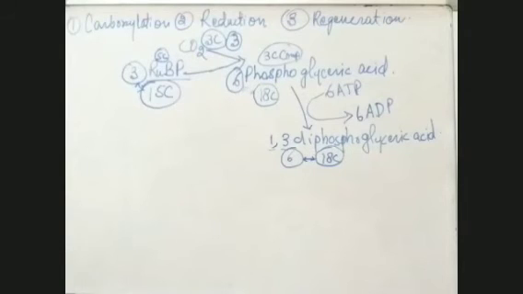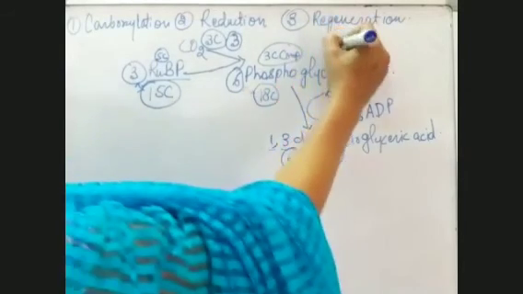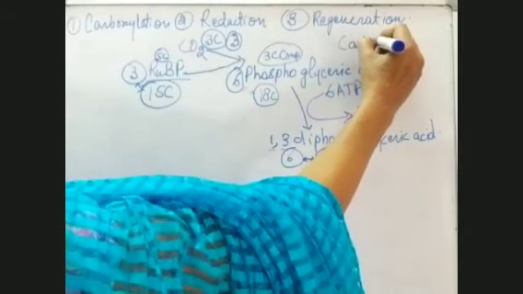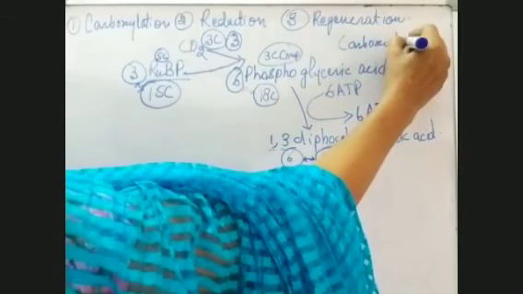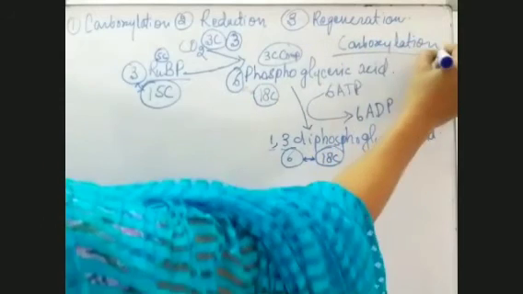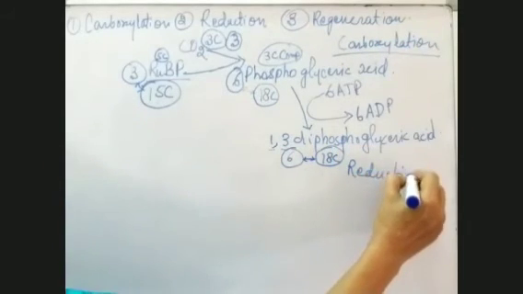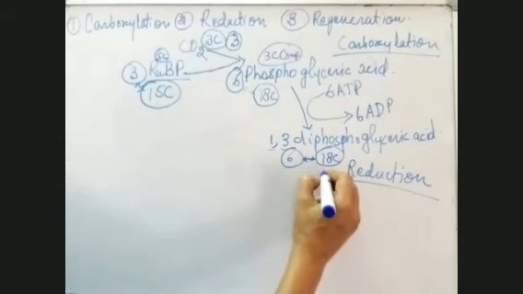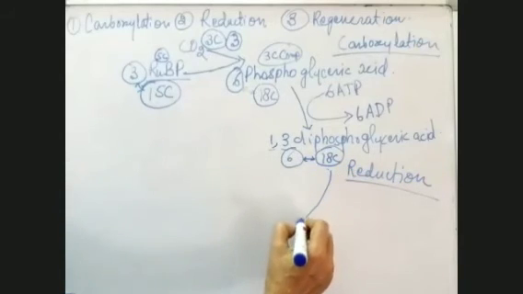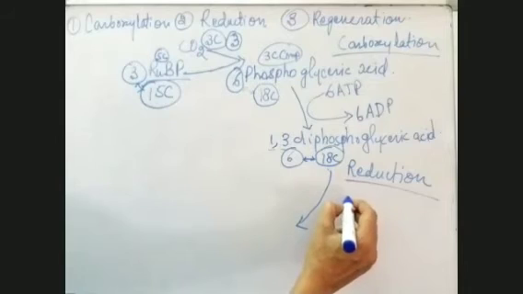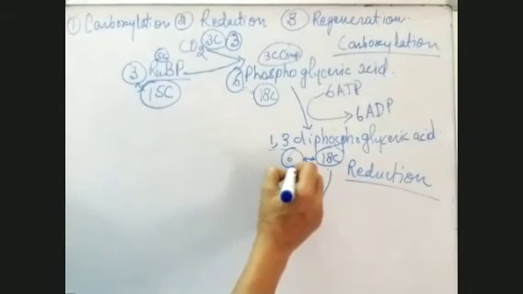Then after this, reduction takes place. Here, this was carboxylation. Then we come to another process where reduction took place. When reduction took place, NADPH was used. NADPH was utilized because 6 molecules are there.